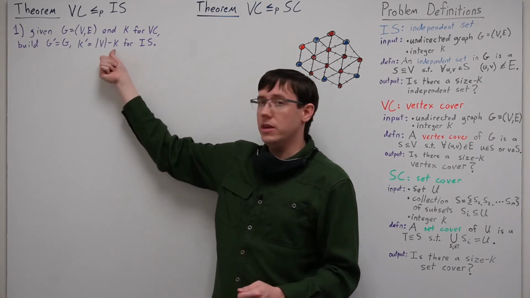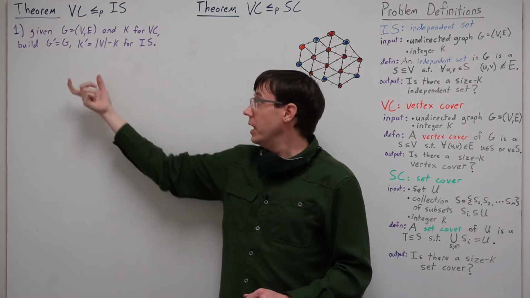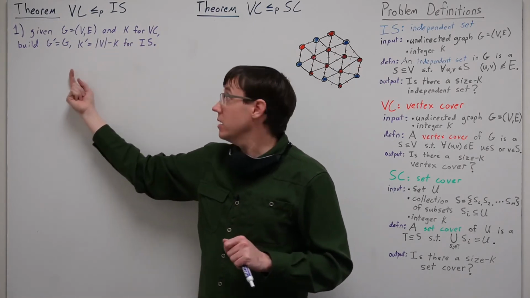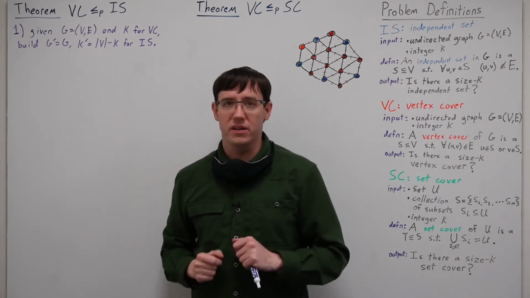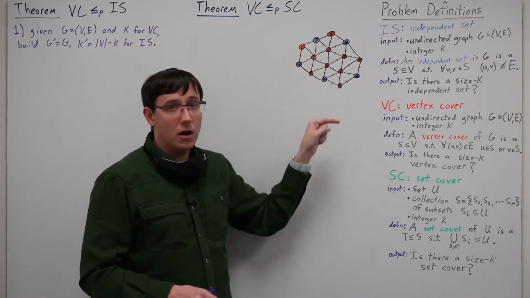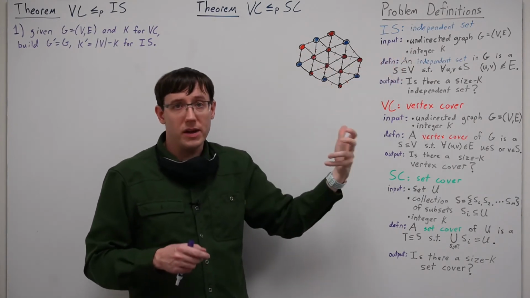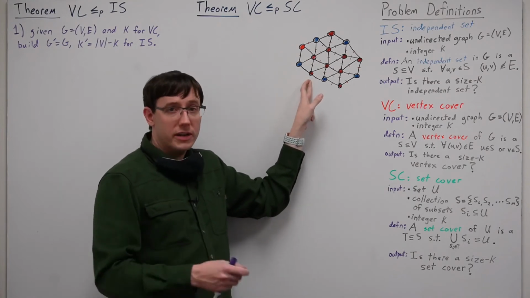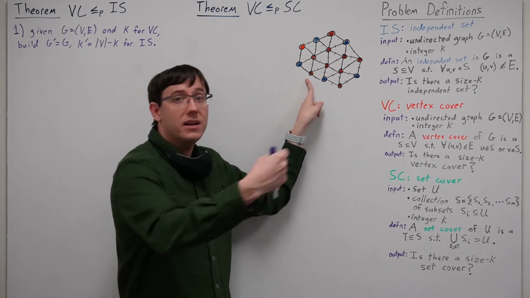Specifically, we take the value of k that we were given for vertex cover and we subtract it from the number of vertices, and that gives us k prime, the integer we will give as input for independent set. The reason we do this is that if the red nodes are a vertex cover, then all but the red nodes will be an independent set. So if there is a size k vertex cover, then the remaining vertices will be a size n minus k independent set.